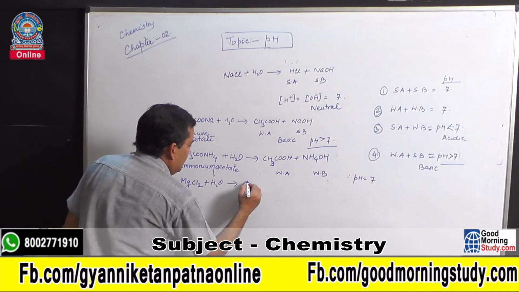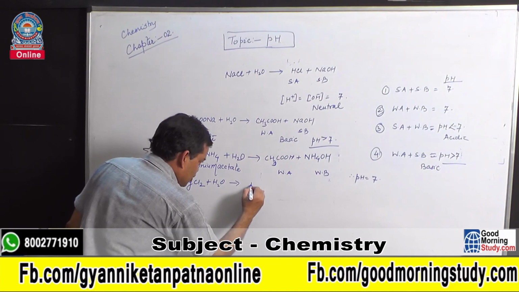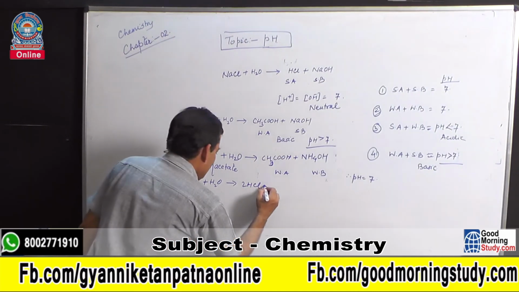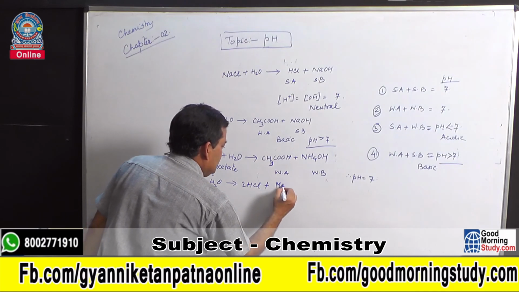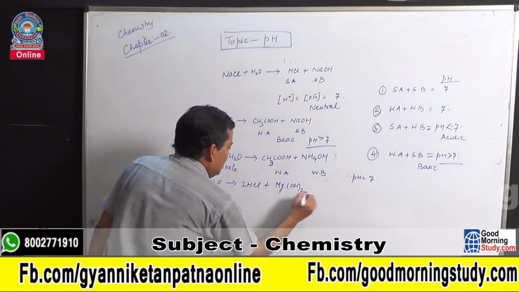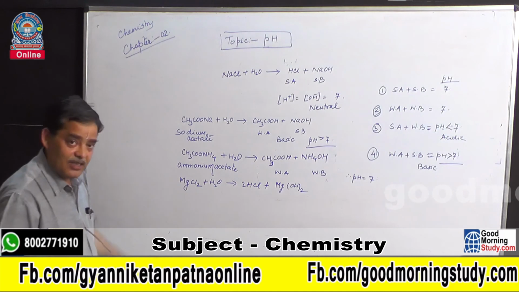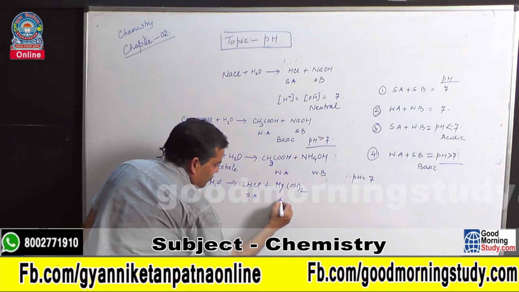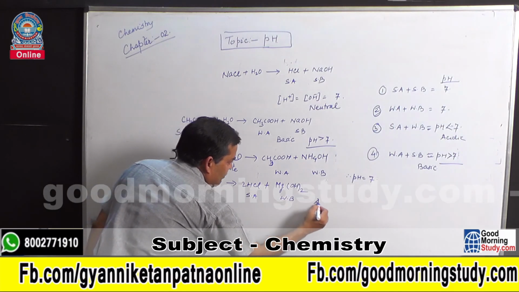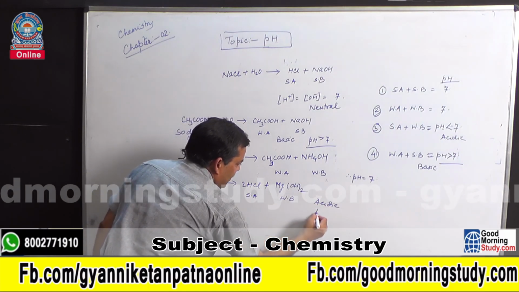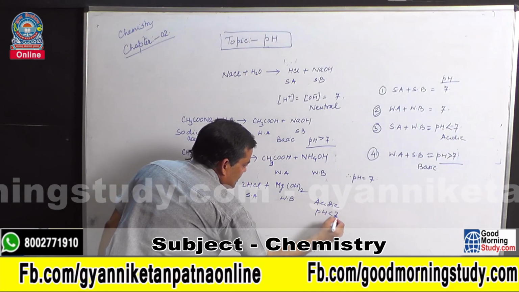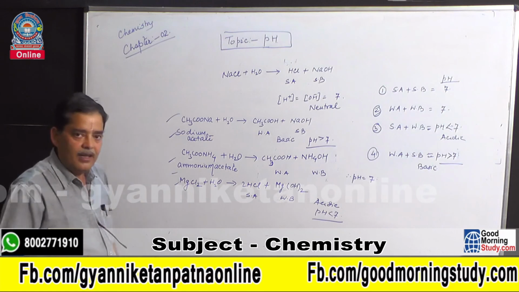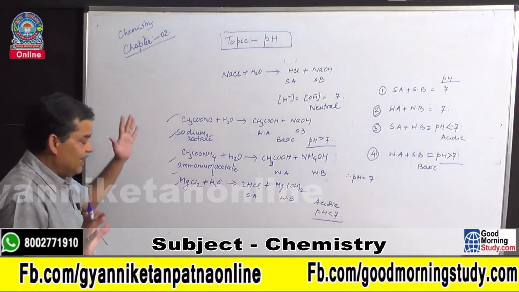What will form? 2HCl plus Mg(OH)2. Let us see the nature of that acid and base. HCl is a strong acid, Mg(OH)2 is a weak base. So the solution will be acidic and the pH will be less than 7. In this way you can understand the pH of that solution.